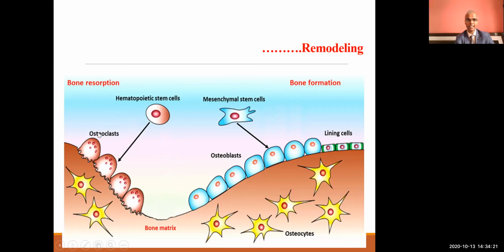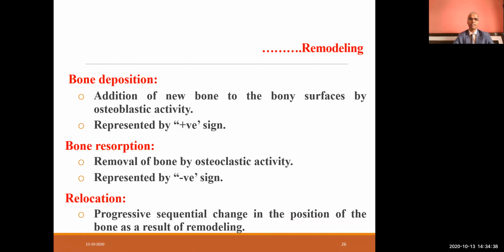Bone resorption process takes place by the osteoclasts. It is osteoclastic activity. And bone formation is called osteoblastic activity. These are the osteoblasts. Bone deposition means addition of new bone to the bony surface by osteoblastic activity.